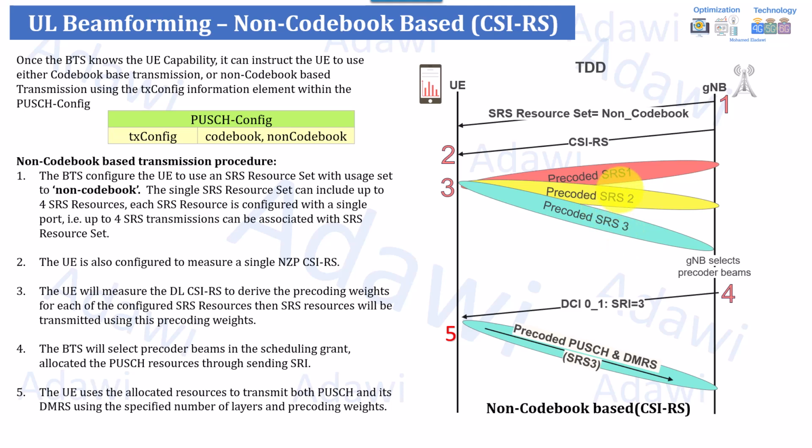After selecting the pre-coded beam, the gNB will send back and assign the related resources for the PUSCH for the uplink data transmission. This is sent through a PDCCH channel, which is DCI format 0_1, and it includes the SRI, the SRS resource indication, telling, for example, that I would like to use the pre-coded SRS 3. So the UE will understand and start transmitting the PUSCH and its DMRS using this specified SRI, or SRS resource.